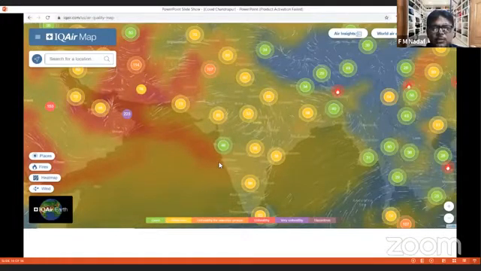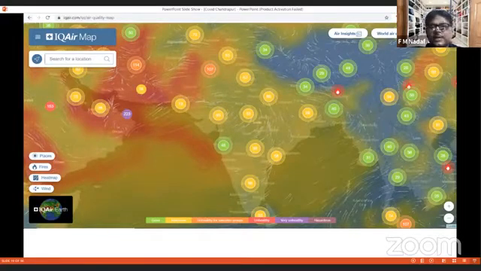Mumbai has good quality air, and other important cities of India have moderate quality. How long moderate will remain moderate and good will remain good, we don't know. Once the economy comes back to its originality, I think again we will go back to the situation before the lockdowns, before COVID.